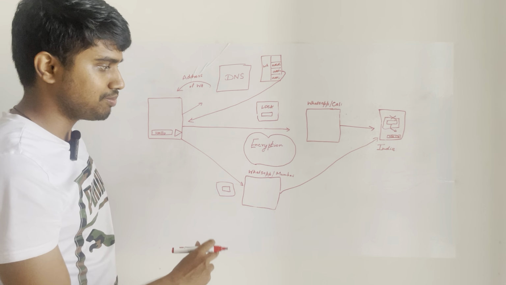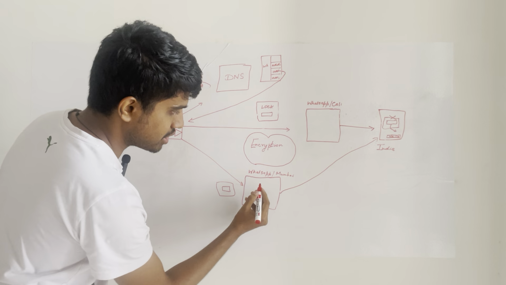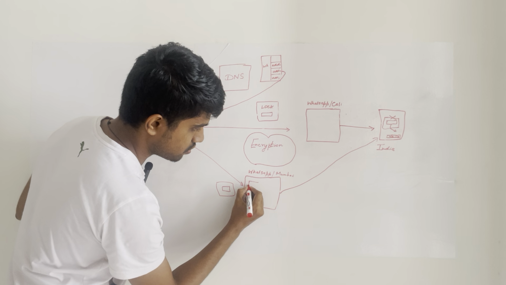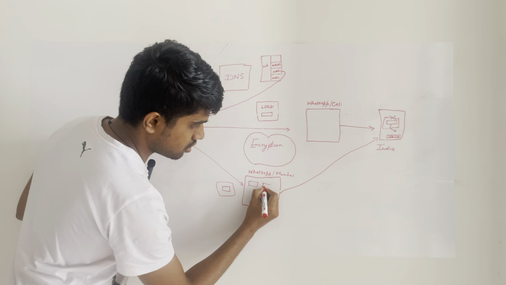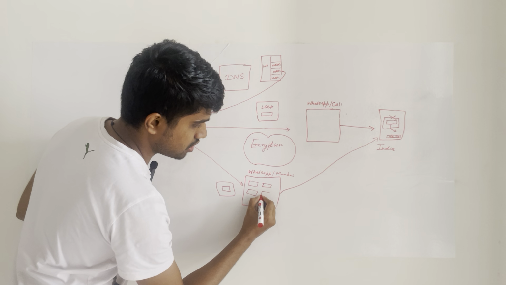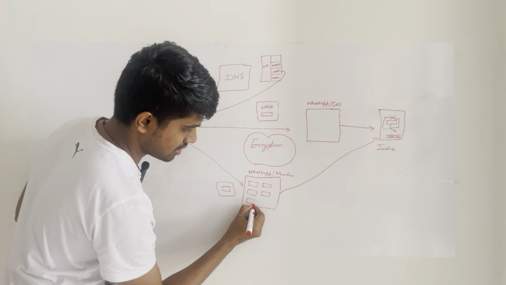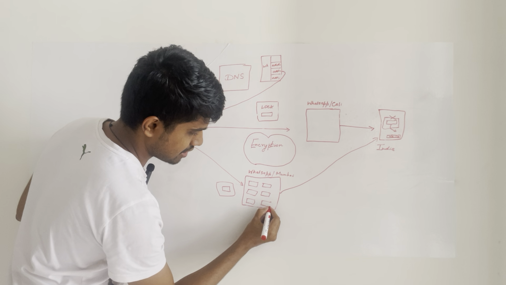So what WhatsApp does behind the scenes is, within this one computer there are a lot of computers, similar to one another or a little bit different based on their architecture, right?